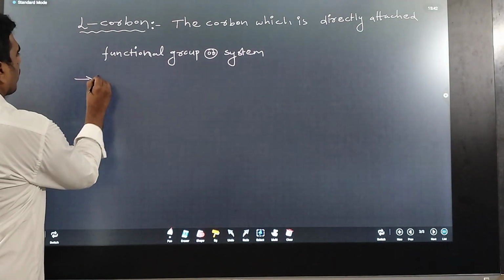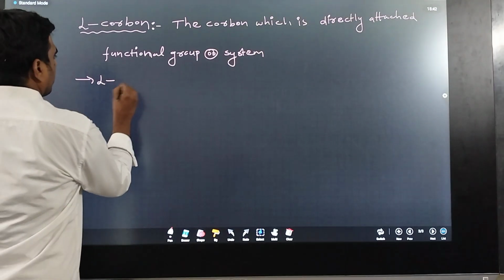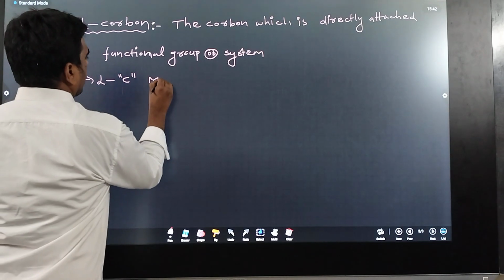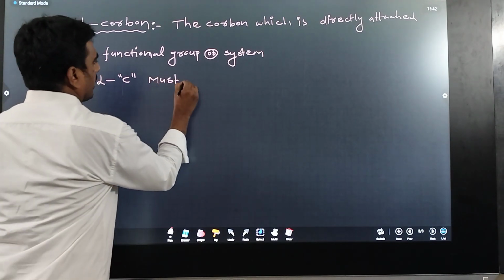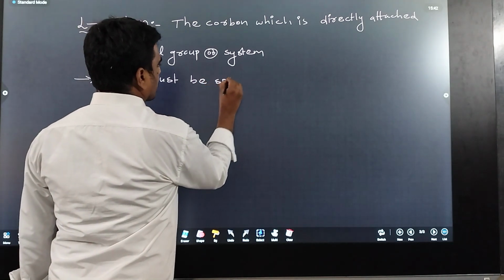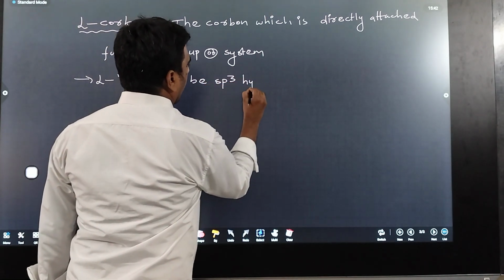The alpha carbon must be sp3 hybridized.